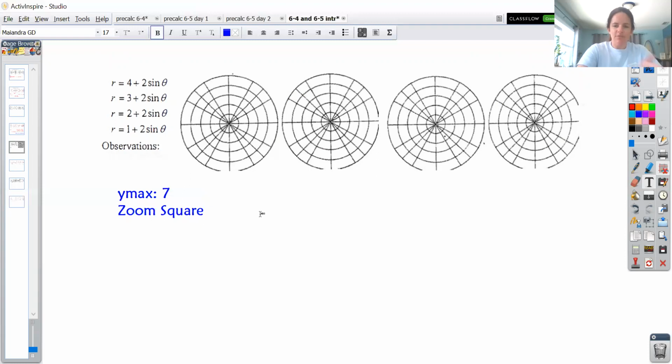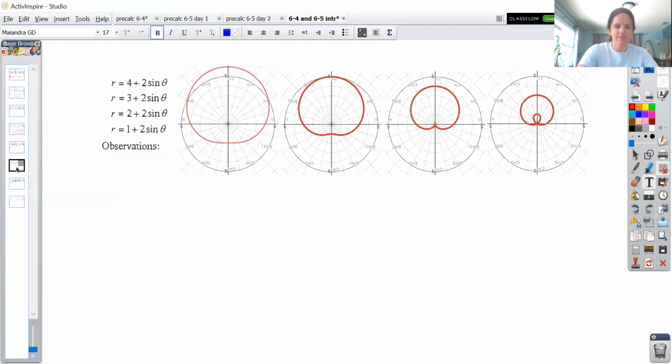And then go ahead and graph all 4 of them in your calculator, pause the flip chart, and then in 3, 2, 1, here you go. Here's what they should have all looked like if you did this correctly.